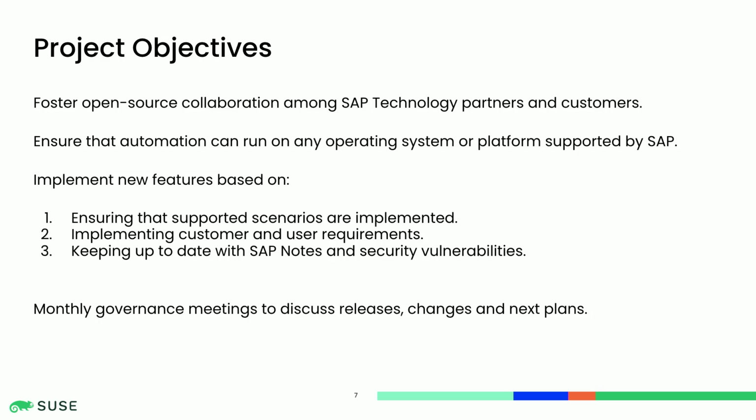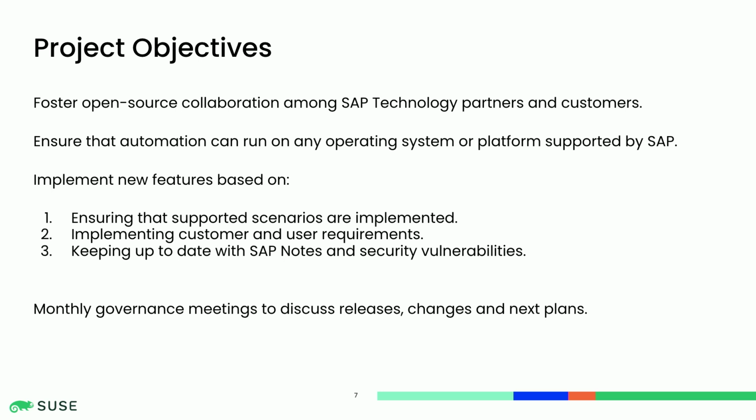As we have already mentioned, there is the website that can explain a lot about this initiative, but here are the main objectives of this project. The main target of this initiative is to foster open source collaboration among every SAP technology partner and customer.